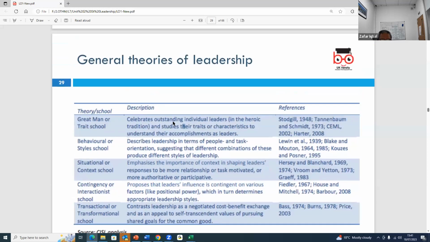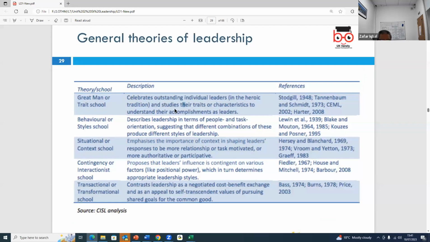This is what the great man or traits school describes. Whereas behavioral or styles school theory describes leadership in terms of being people-oriented, or suggests that different combinations of these produce different styles of leadership.